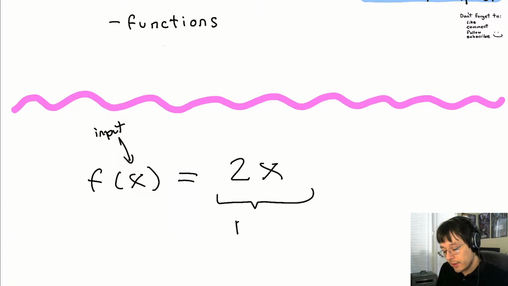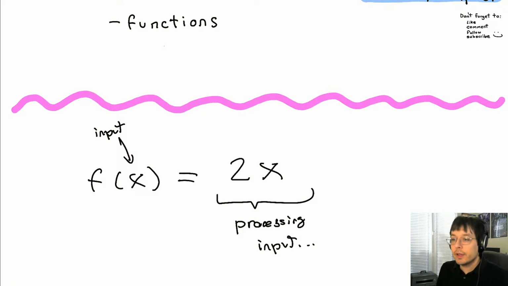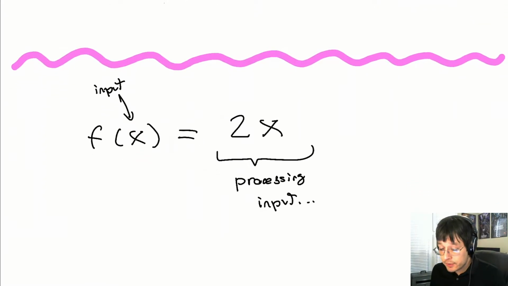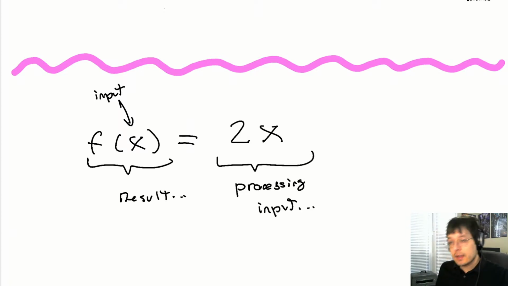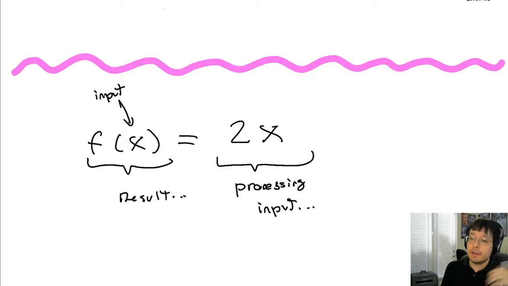It is processing the input here. In this case, all it's doing is taking that input and multiplying it by 2. And when it finishes, what you get back from it, which is your result, that's what the function returns. That's your return value, okay? So in this case, if I feed this function the value of 5, it's going to give me back 10.